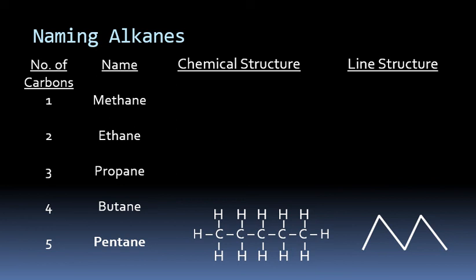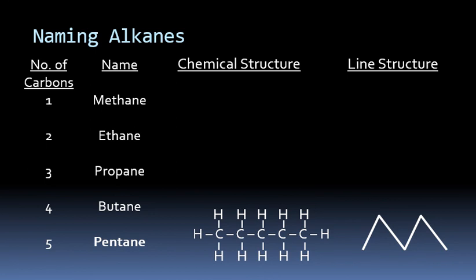And then the line structure would simply be 5 corners, each corner representing a carbon. Going from left to right, 1 carbon, 2, 3, 4, and 5. So that would be representing that molecule as a line structure.